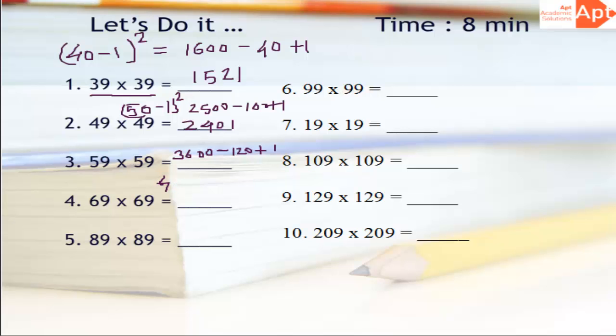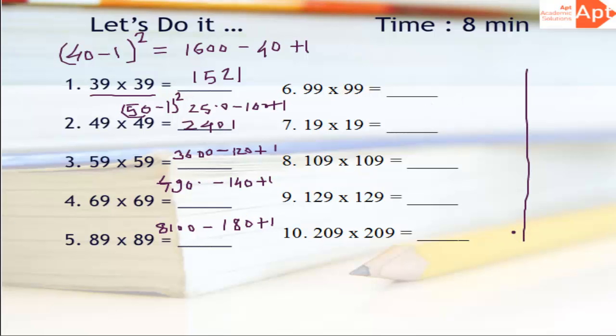Okay, so this is 4900 minus 140, that is 70 into 2, plus 1. Similarly for 89, what we have to do, 90 square, that is 8100 minus 90 into 2, okay, 180 plus 1, right? So in a similar manner, do these sums.